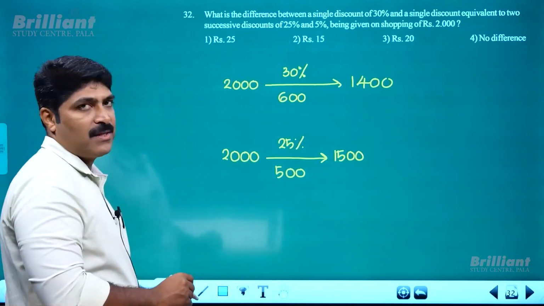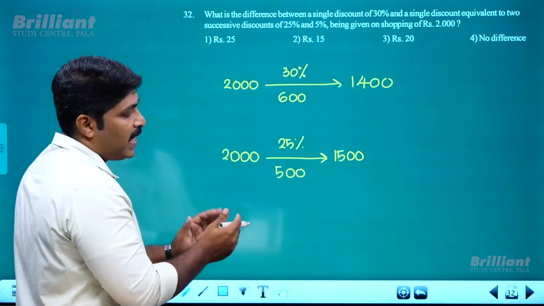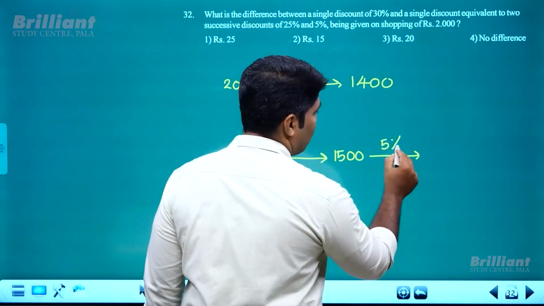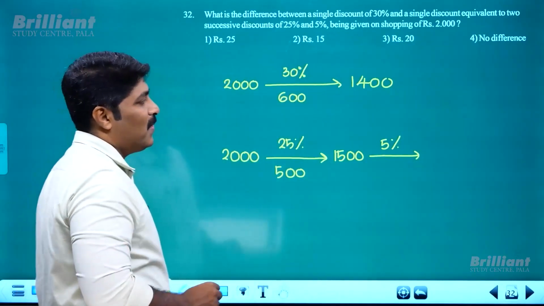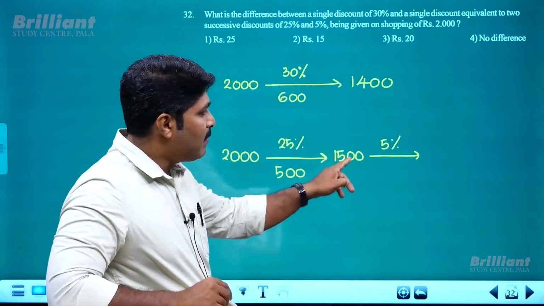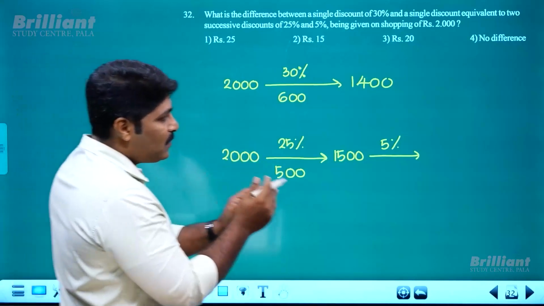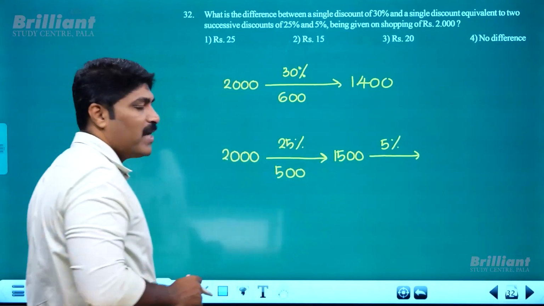The trick behind successive discount lies here. Further we are considering 5%. This 5% is applicable on this reduced amount, not the actual initial amount. Here, what is 5% of 1500? How can we find it?